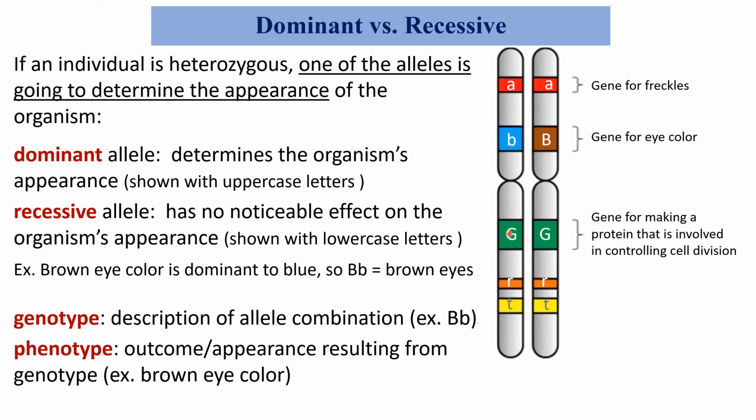If you were asked which ones are homozygous recessive, then you would say the gene for freckles is homozygous recessive. And if you were asked which allele pairs are heterozygous, you would say that the gene for eye color, the uppercase B, lowercase b, are heterozygous alleles.